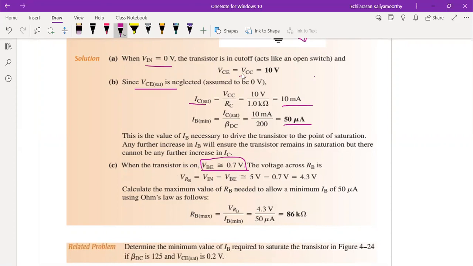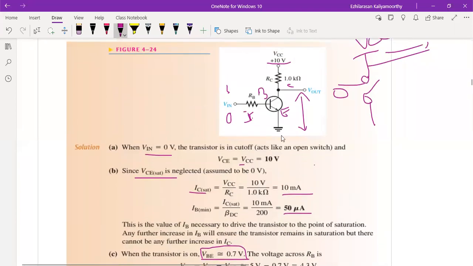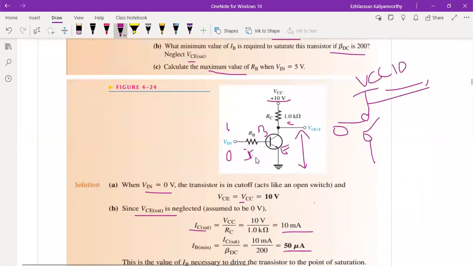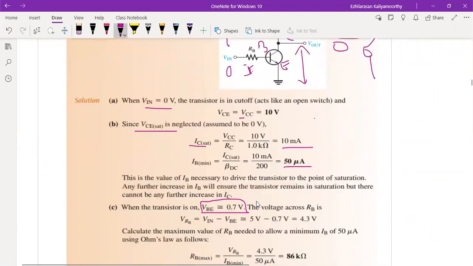The input voltage is how much? 5 volt. But the VBE is 0.7 volt. It is an assumption, because it's not given in the question. So you don't think about where this 0.7 has come from, because we should know that for a silicon transistor, the minimum VBE is 0.7. So it is 4.3 volt.